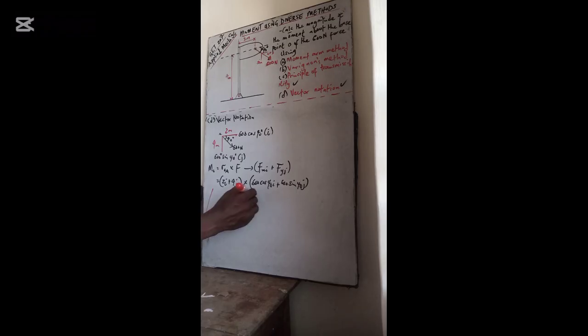You just bring out the determinant and you write your i and j because you're having only i and j. So for i here we have 2, for j here we have 4. Then for i here we have 600 cos 40. For j here we have 600 sin 40. Here now we use the normal determinant. This multiplied by this minus this multiplied by this. I think that's all you just have to do there.